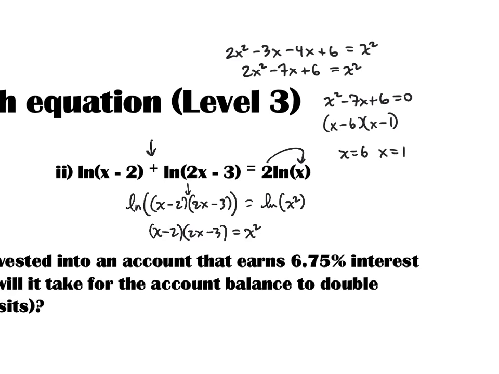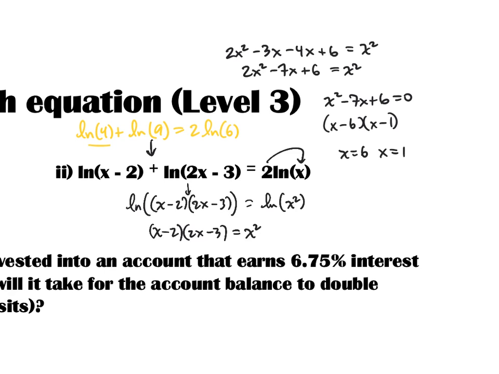Let's check and make sure that neither of these are extraneous solutions. So if I plug in a 6, I get ln of 4 plus ln of 12 minus 3, which is 9. Is that equal to 2 ln of 6? Well, let's see.